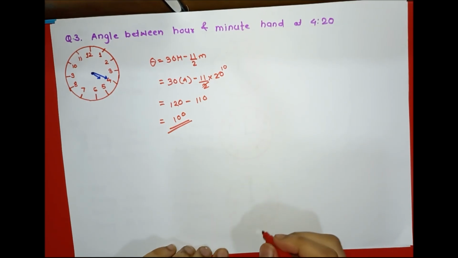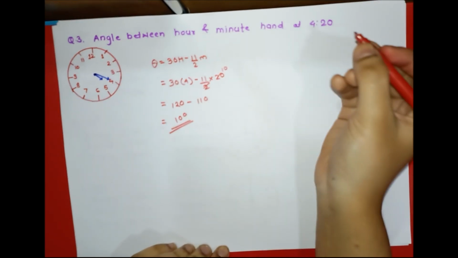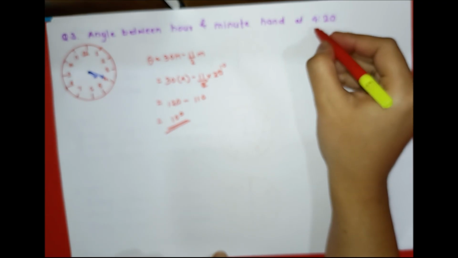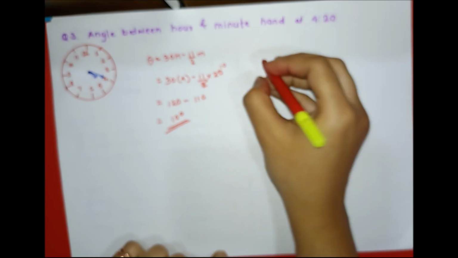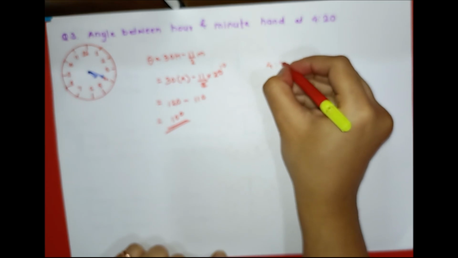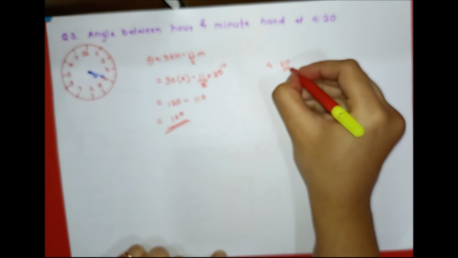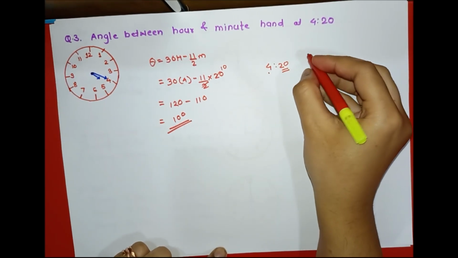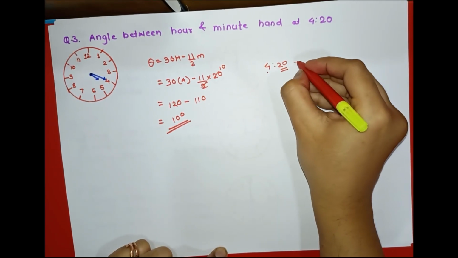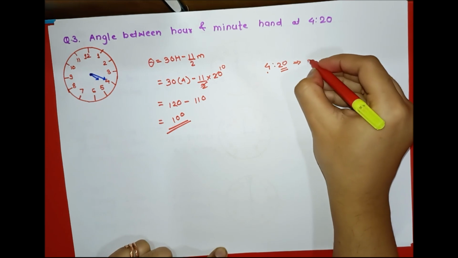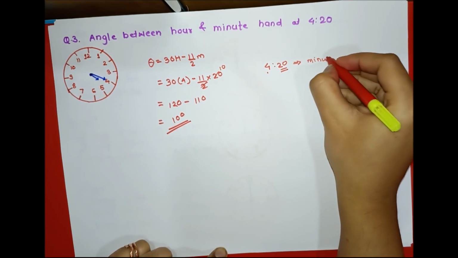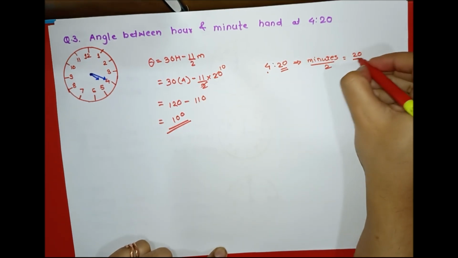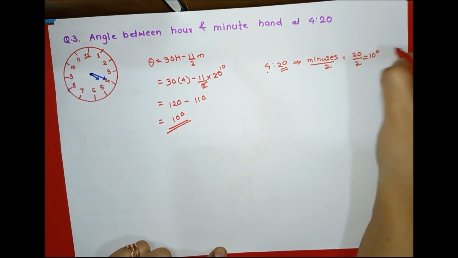Also, when we have such kind of questions where the minutes given are a product of your hour given and 5, suppose it is 4:20, the minutes are 20, which is the product of 4 and 5. So in such scenarios, you can directly say that your angle is minutes divided by 2, which is here 20 by 2, so you get 10 degrees.